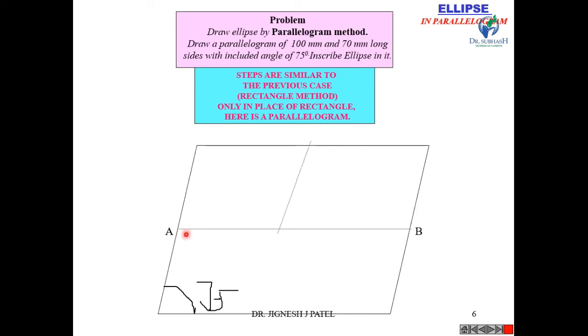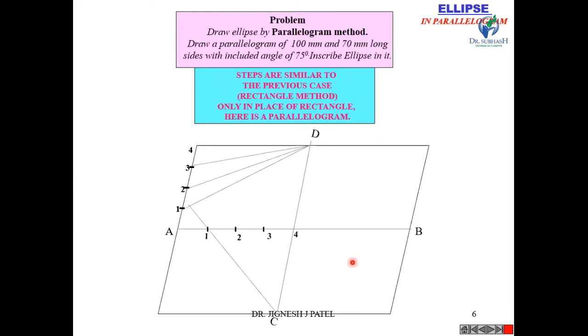Draw a line AB of 100 mm and a line CD of 70 mm. Now mark the points 1, 2, 3 and 4 here, and similarly on the line AB 1, 2, 3 and 4. Now join 1D, 2D, 3D and 4D.